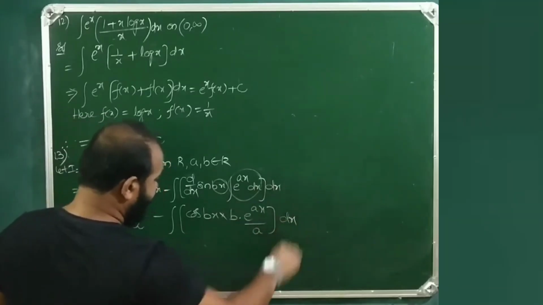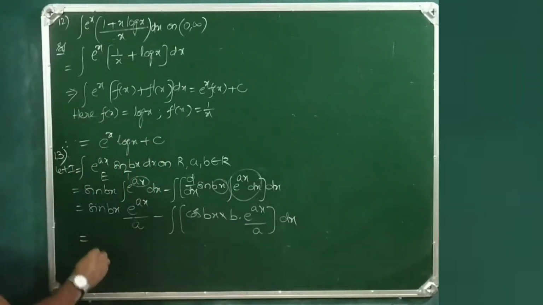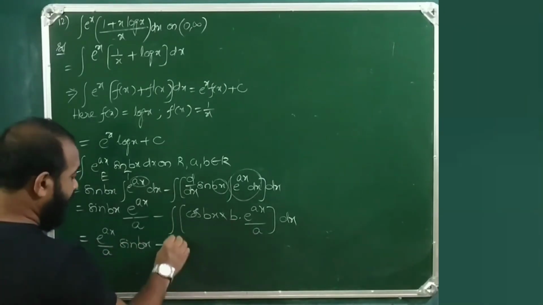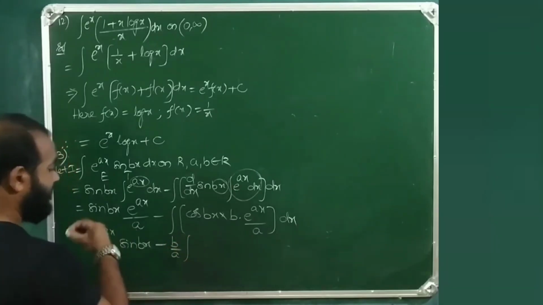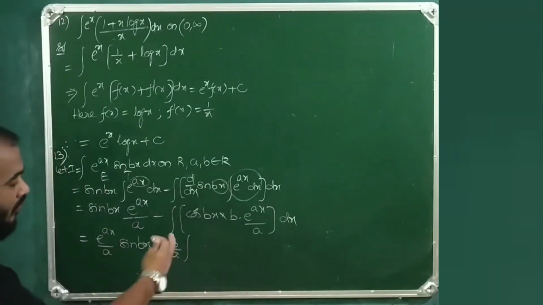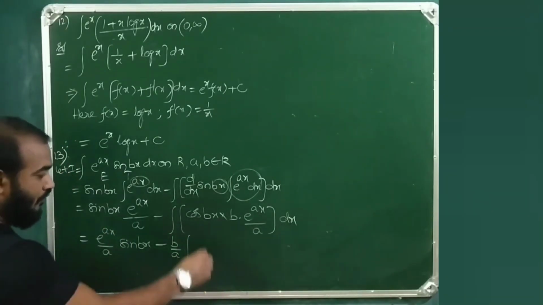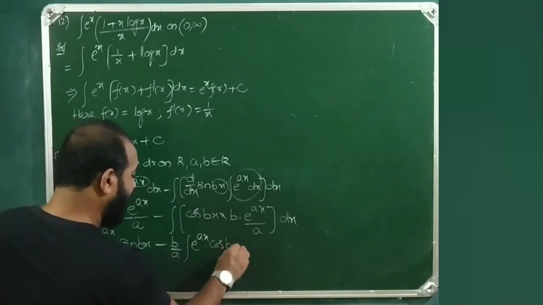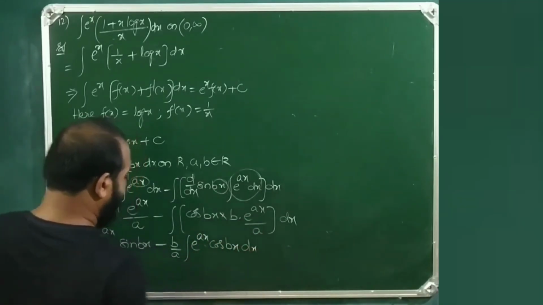This is e power ax by a into sine bx minus b by a, which is constant. Let us separate it from the process of integration. So we will be left with e power ax into cos bx dx.